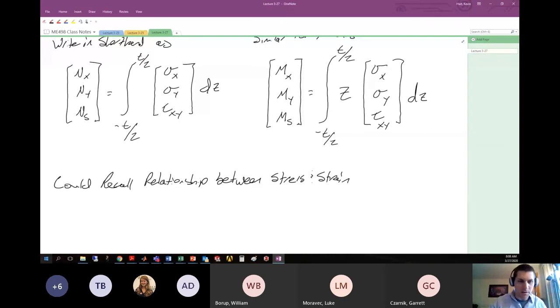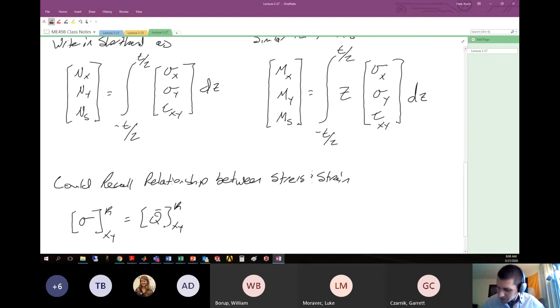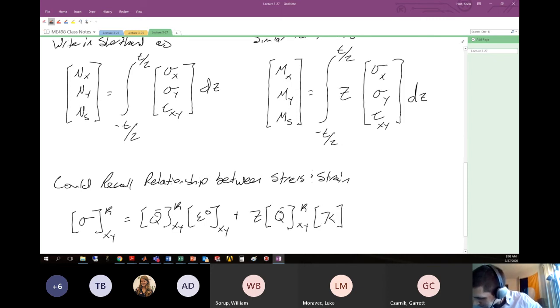And that is, if we write it in shorthand without its full-blown 3x3 glory, we could write that the stress in layer k, xy direction, equals the stiffness of that particular lamina, Q bar xy of lamina k, multiplied by the mid-plane strains of the laminate that developed in our global coordinate system xy, plus the distance to lamina k, which we call z, times Q bar xy of lamina k multiplied by the curvatures that we developed in that particular global coordinate system, kappa xy.